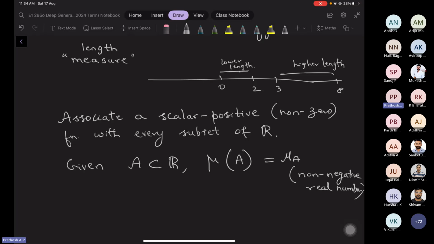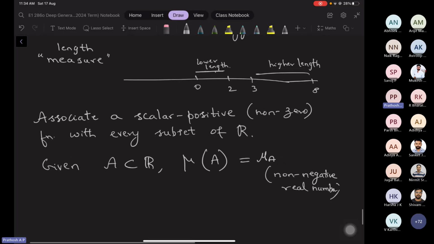You understand? So what we are doing here is that for every subset of real numbers, we are associating a non-negative real number, which by the way is defined as the measure of A.